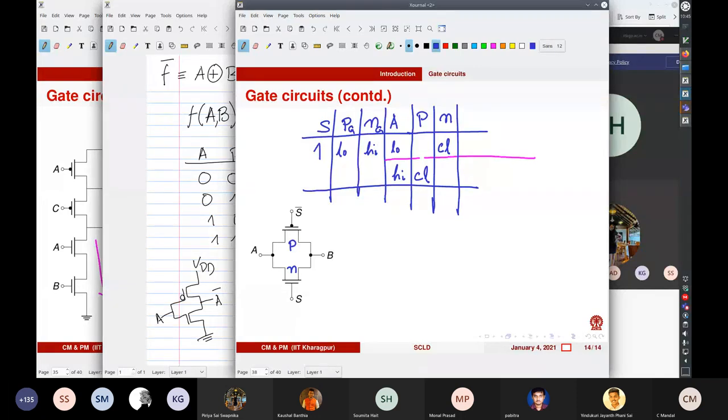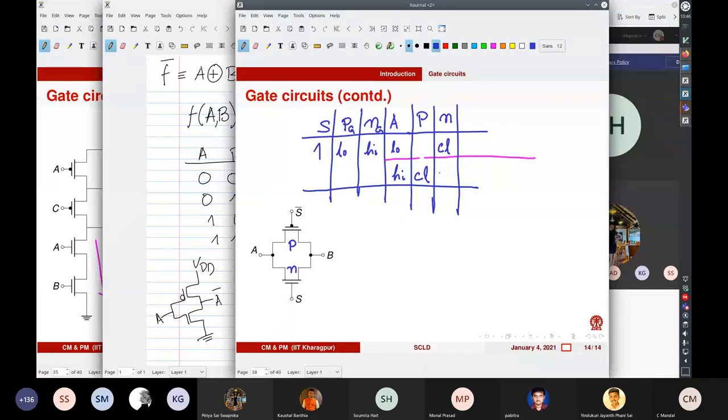When A is high and N is high, you do not have a significant potential difference.